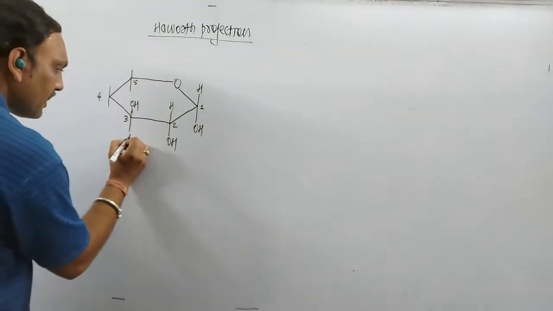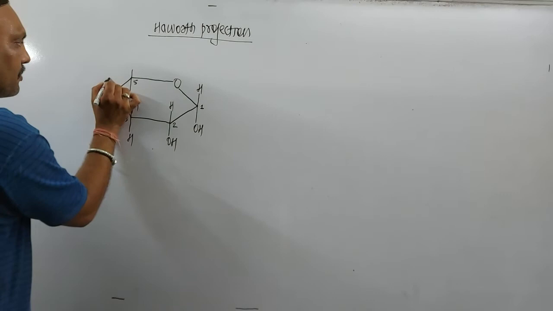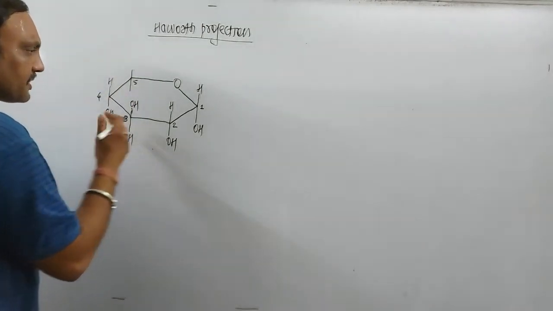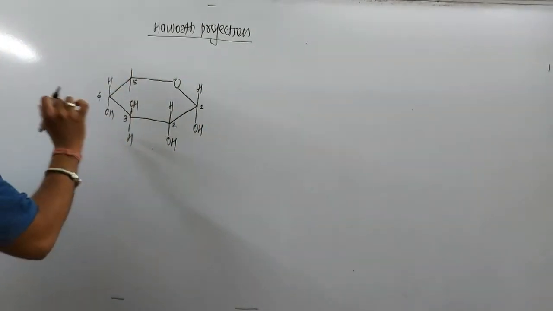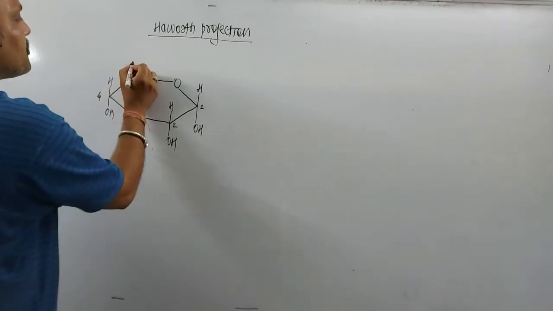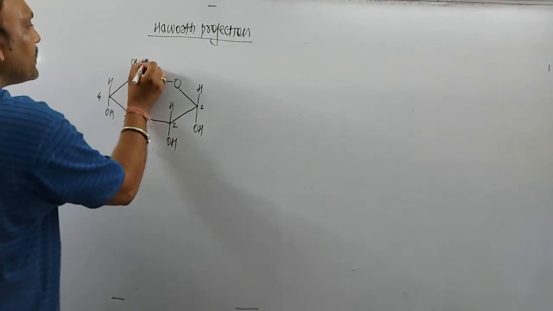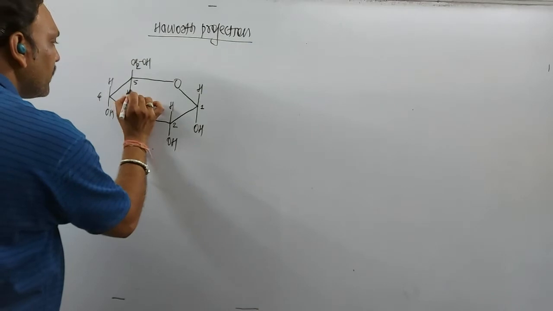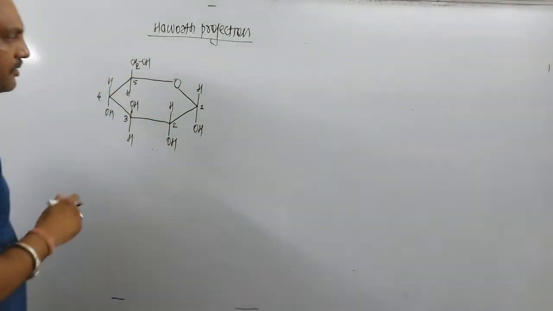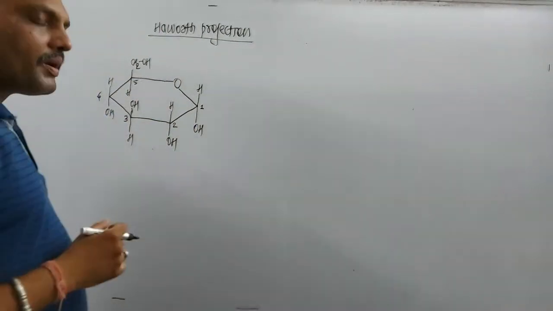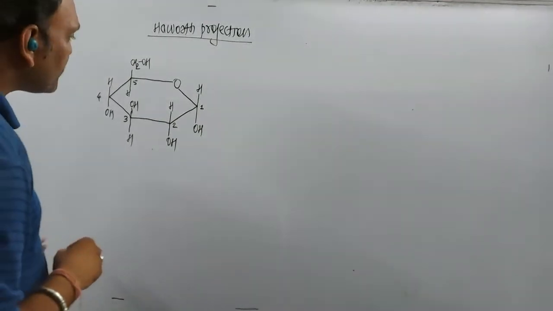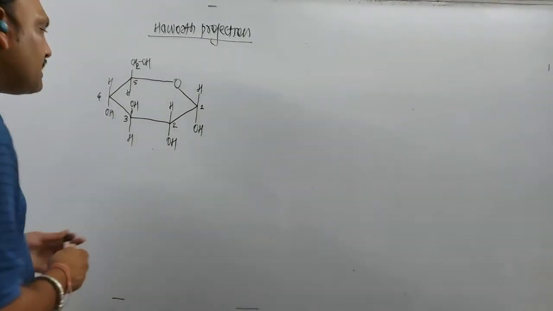So we are writing this up. Now in the fourth carbon, OH is present on the right-hand side, so we are writing it in the downward position. And as we are dealing with a sugar of the D series, CH2OH should always come upside. So this is nothing but the Haworth projection structure of glucose, especially of the alpha anomer.